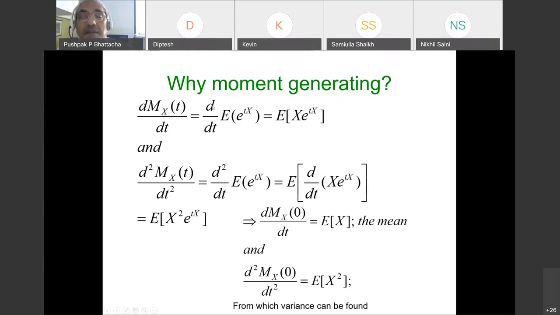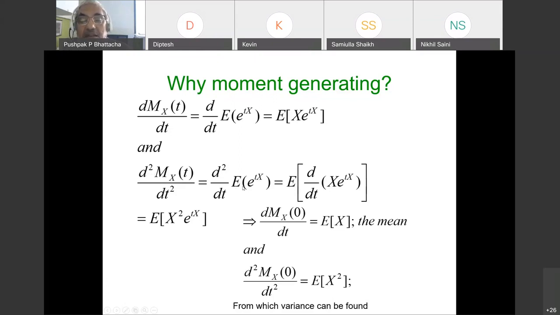How can this derivative go inside the expectation? If you expand the expectation as a summation of PMF times the value of the random variable, and since the derivative distributes over summation, this is valid. So the derivative of expectation is the expectation of the derivative, and the derivative of e to the power tx is x e to the power tx. Let me take the second derivative also.